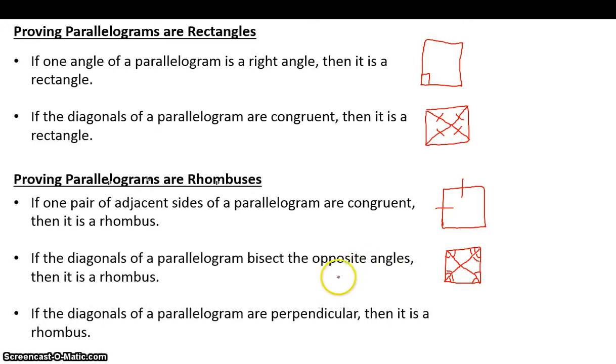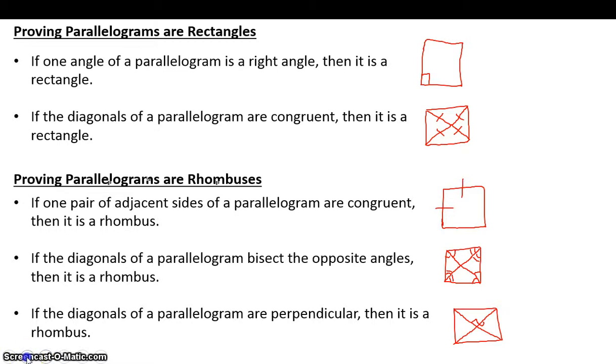That was one of the characteristics of a rhombus, so again, that's nothing new to learn. And the third one, if the diagonals of a parallelogram are perpendicular, then it's a rhombus. Again, we already know it's a parallelogram, and if they show you that the diagonals are perpendicular in that parallelogram, then you can say it's a rhombus. Okay, so rectangles had two ways to prove that a parallelogram is a rectangle, and to prove a parallelogram is a rhombus, you had three ways to choose from.